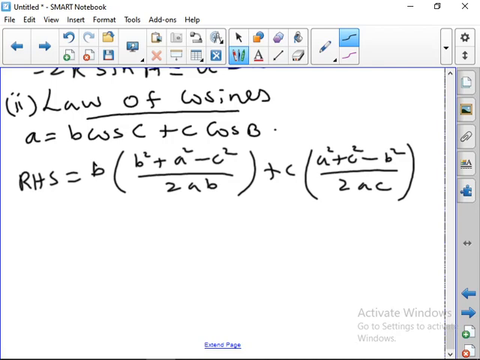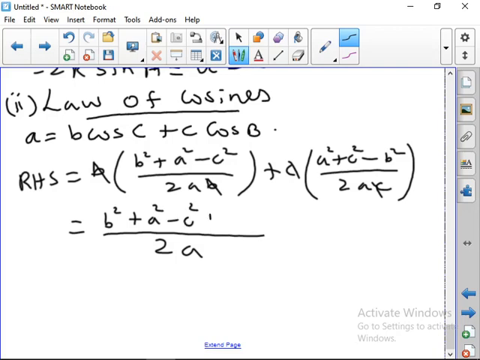So here b will get cancelled. இங்க c போயிரும். அப்போ LCM என்னது, 2a. So denominator what we have? b square plus a square minus c square plus a square plus c square minus b square. So it is equal to நல்லா cancel ஆகுது, minus b square plus b square and plus c square and minus c square gets cancelled.